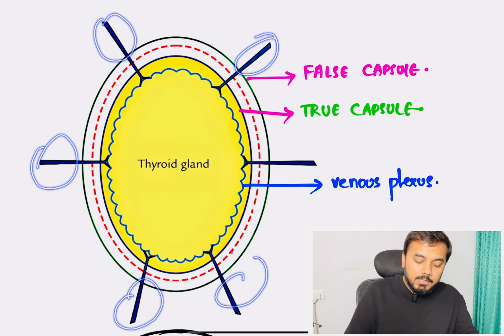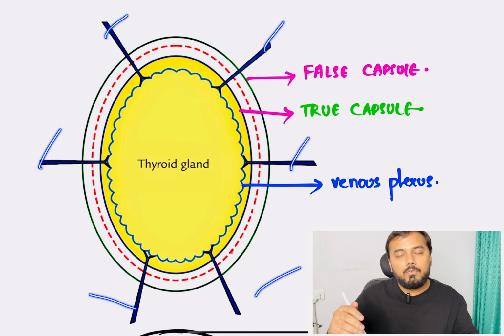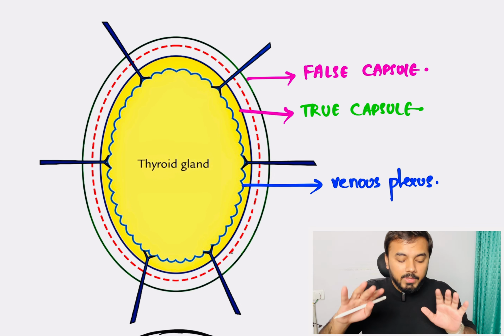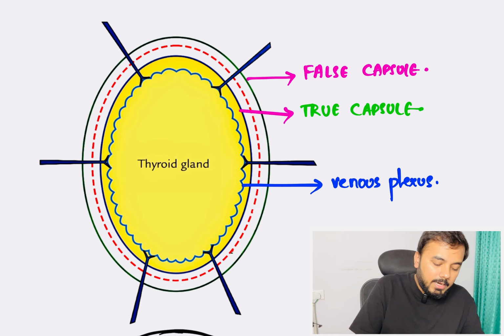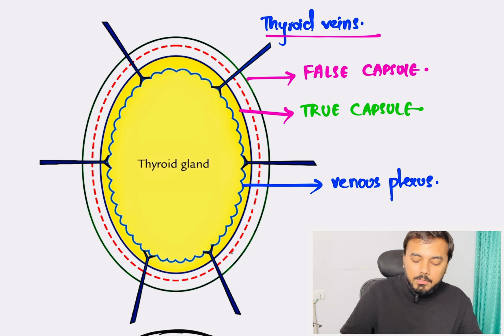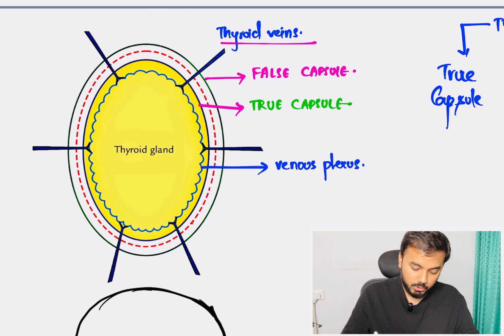See, these are your superior thyroid veins, middle thyroid veins, inferior thyroid veins. We have got three pairs of thyroid veins. I will discuss the thyroid veins also today, but don't go into details now. Later we'll discuss the thyroid veins in detail. Now all these three thyroid veins together join and form a plexus, and that plexus is called the venous plexus.